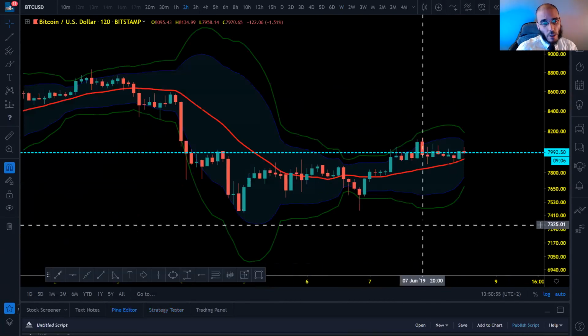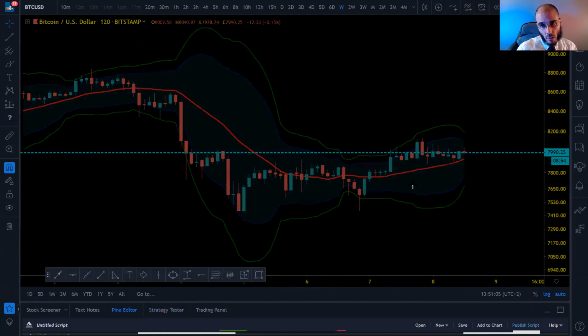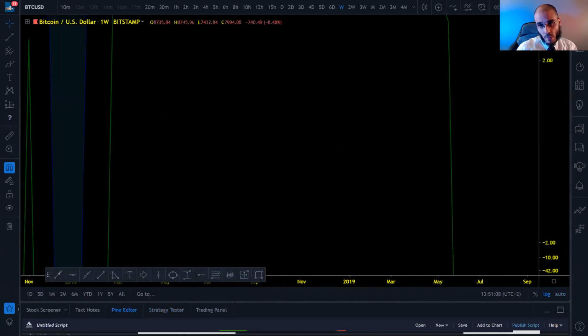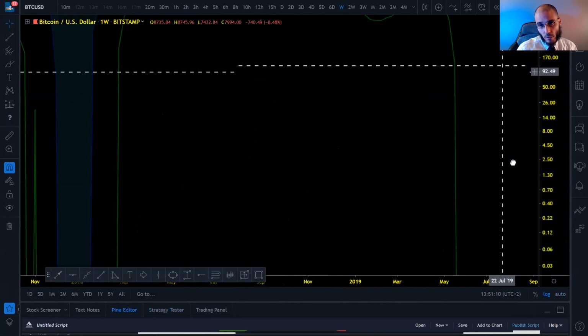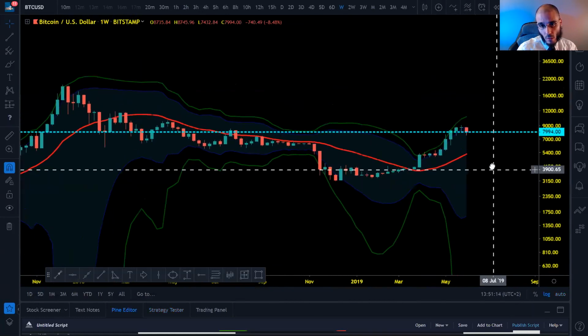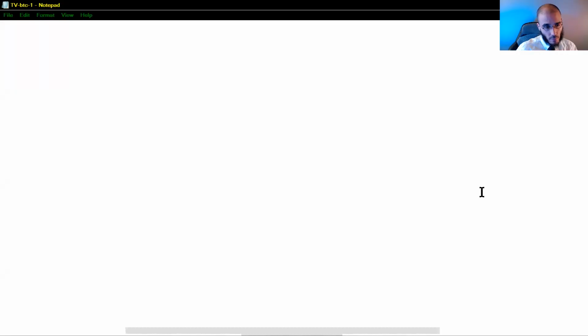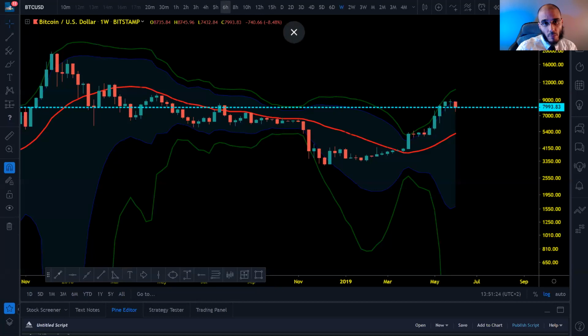Let's take a look at Bollinger Band. Bollinger Band 2 hours is positive, and 1 week should also be positive. So everything is positive in between. So Bollinger Band are still positive. 6 hour was negative yesterday.